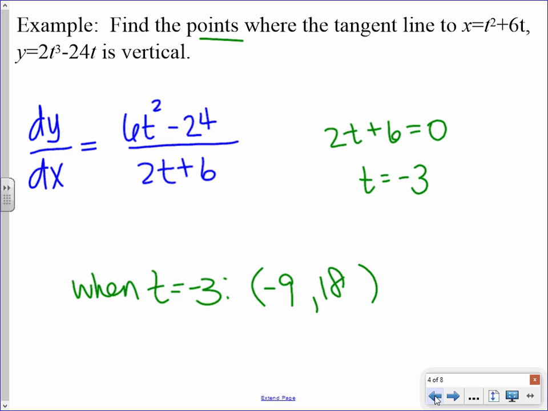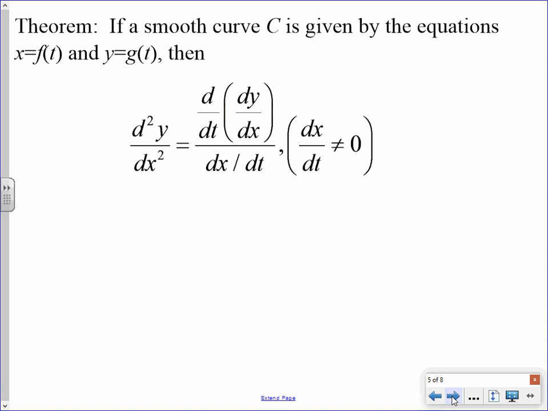So you're going to take your first derivative and take the derivative with respect to t, but then you have to divide it by dx/dt. So we have to keep in mind that it's a parametric equation. Just like to find dy/dx, we take dy/dt over dx/dt, for our second derivative, we take the derivative of dy/dx over dx/dt.